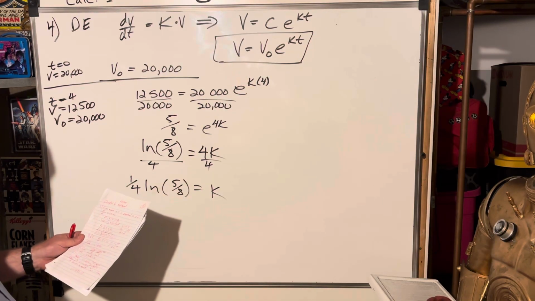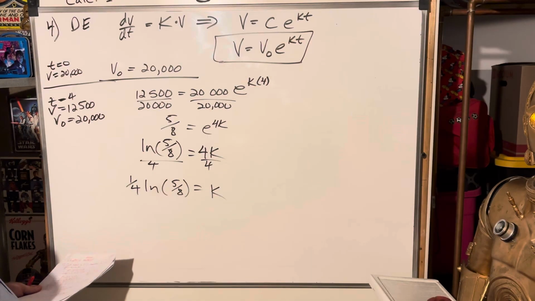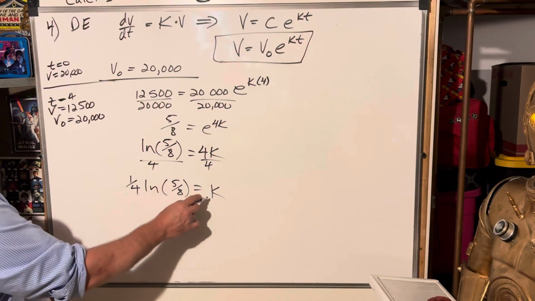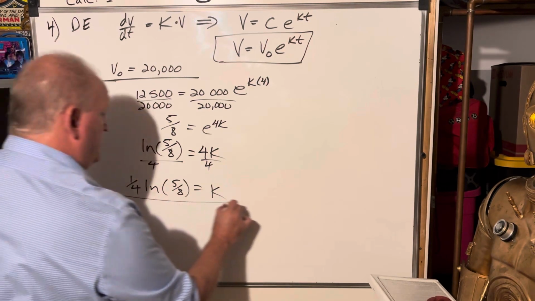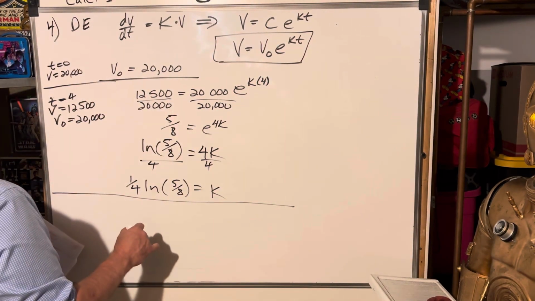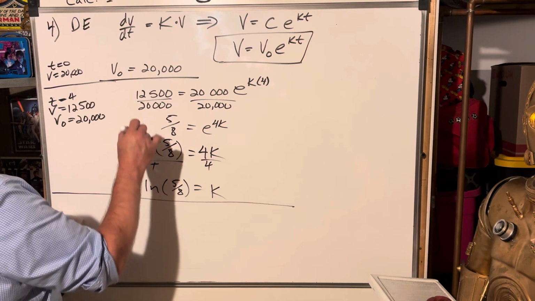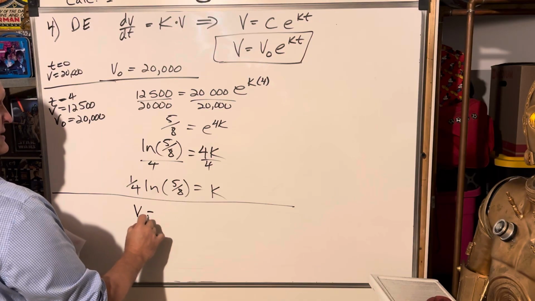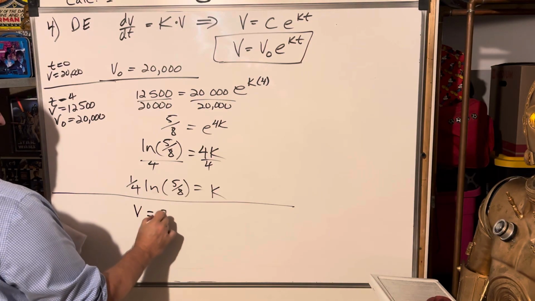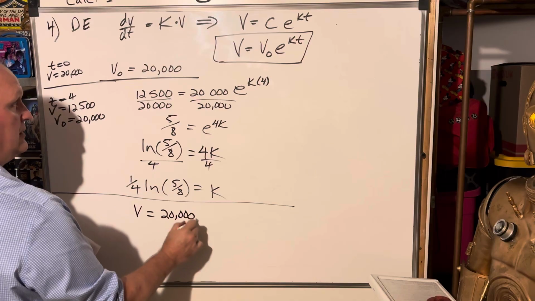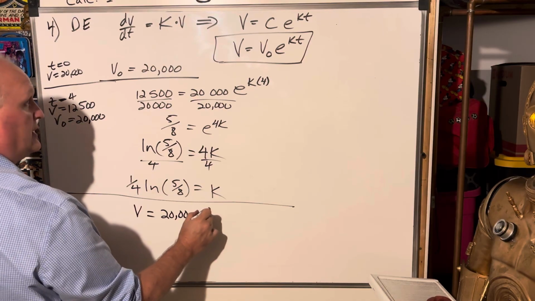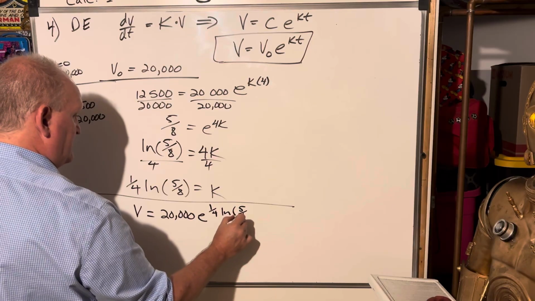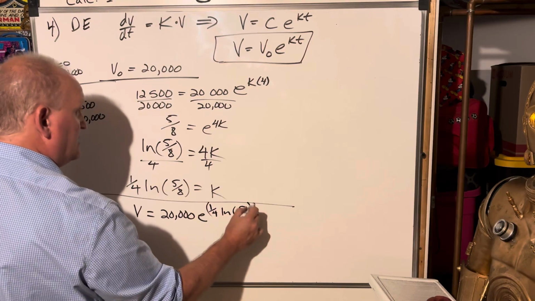And so now if we write it, let's pretend like I don't have my calculator. I'm not using a calculator. So that is my k. So now if I rewrite it, I've got V is equal to 20,000 e to the 1/4 ln of 5/8, all times t.